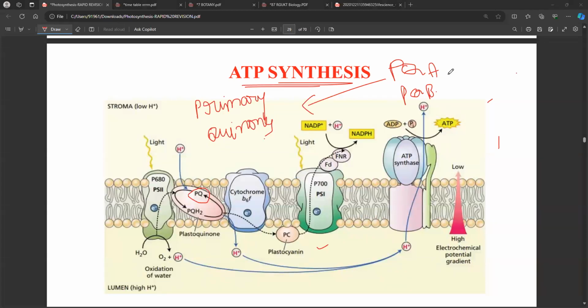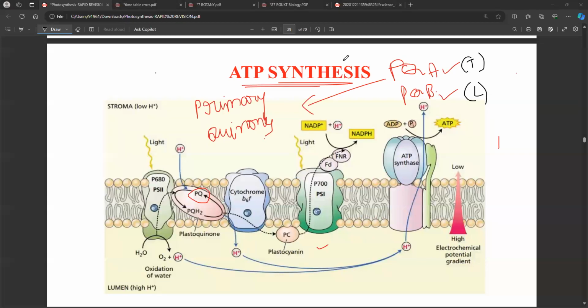My question is, among quinone A and B, which is tightly bound and which is loosely bound? I want all the students to answer this. All the students remember, every one of you. Plastoquinone A will be tightly bound. Plastoquinone B will be loosely bound.